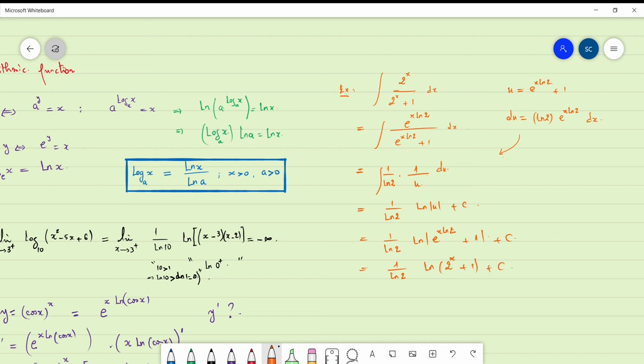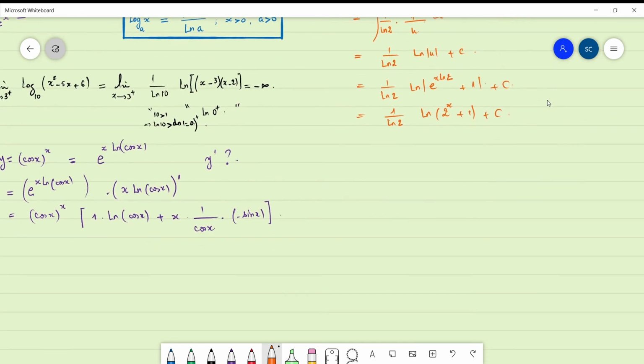So you see how we can do all the kinds of questions we used to do. What about the following question? What if you were asked to find the inverse of the function f(x) equals 10 power x over 10 power x plus 1?